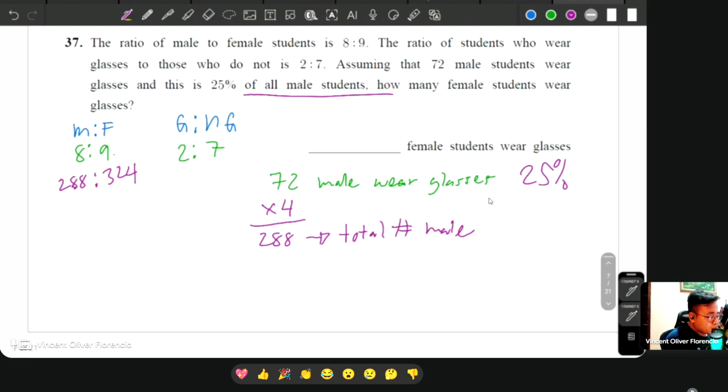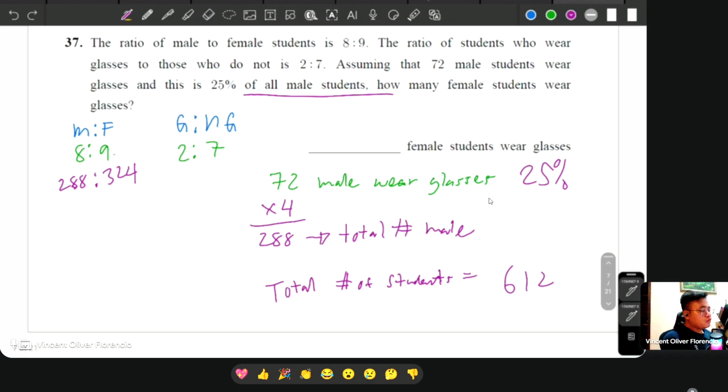Now, if we check the total number of students, if we add 288 and 324, we'll have 612. The total overall, both male and female students, equals 612 when we add this.